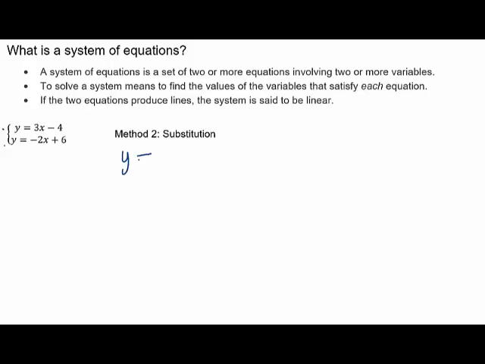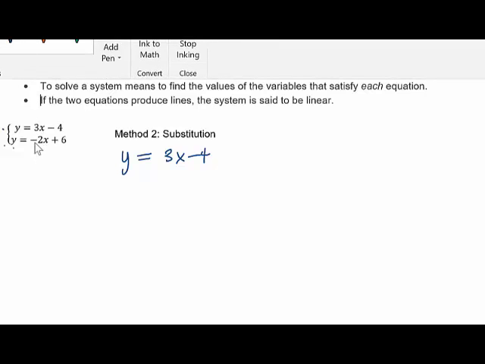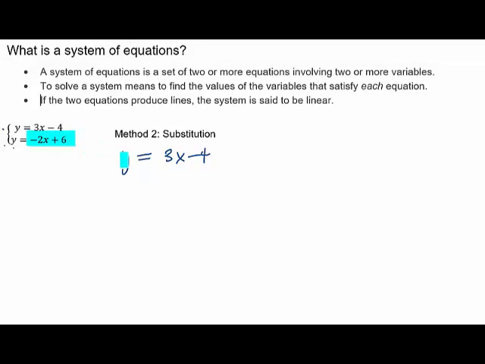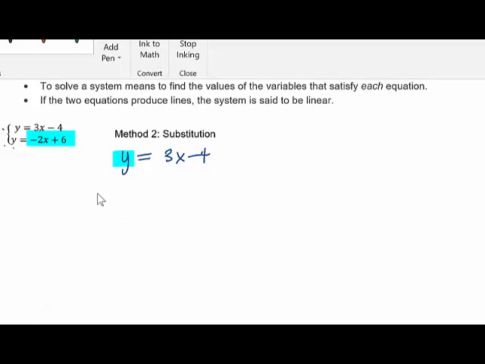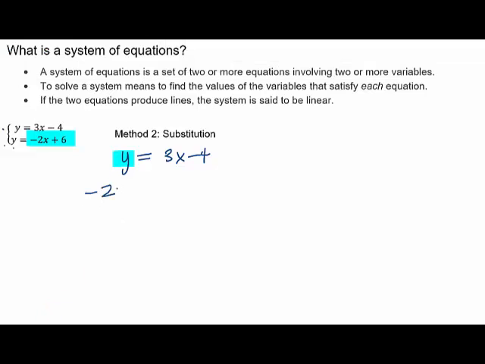So if I start with y equals 3x minus 4, and I know that y also is equal to negative 2x plus 6, we're just going to substitute this expression for y. And we get negative 2x plus 6 is equal to 3x minus 4.